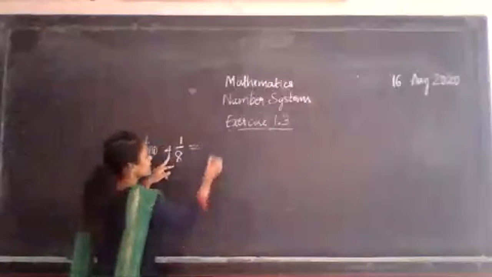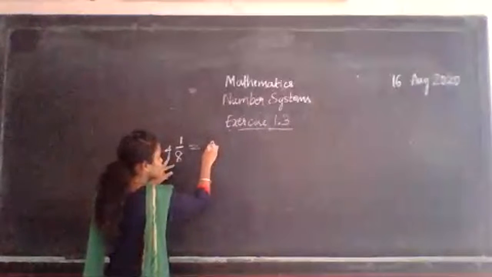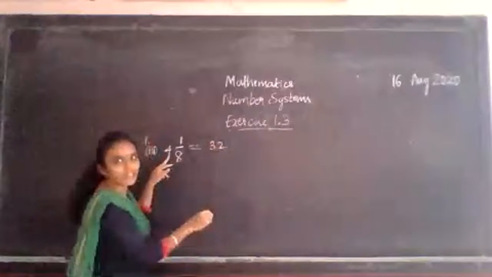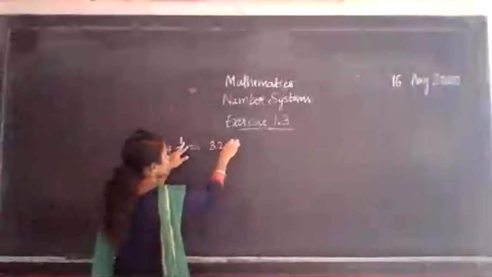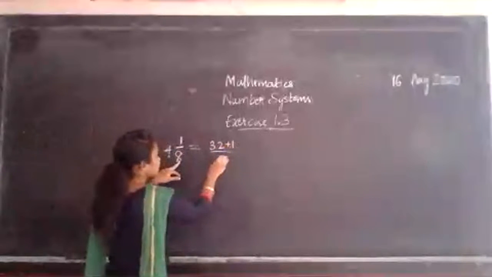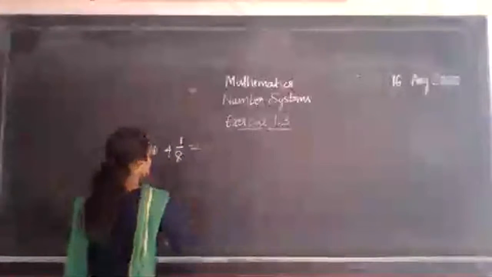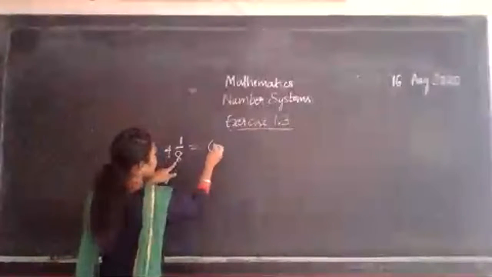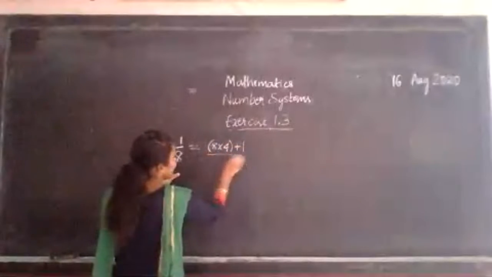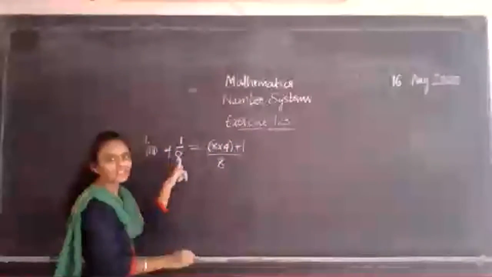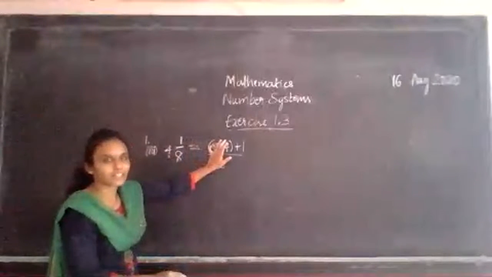What is 8 fours? 32. 8 fours are 32 plus, after multiplying this you will be adding 1. So plus 1 by 8. So you will first multiply 8 into 4 plus 1 divided by 8. This is how you will be converting a mixed fraction into a proper fraction.